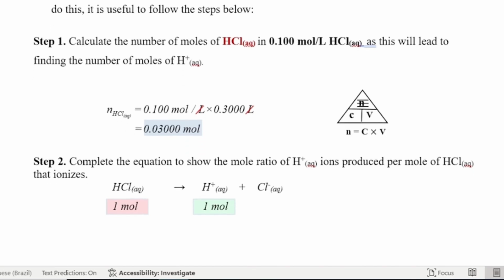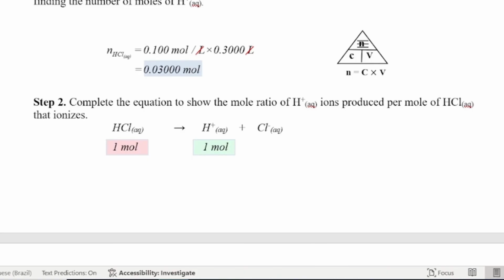and that is the number of moles of HCl in that volume of acid. Then you want to find the number of moles of hydrogen ions in the acid. We are doing this because it is the hydrogen ions in the acid that will be neutralized by the OH ions in the base that is added to it. So we want to know the original number of moles of hydrogen ions there.